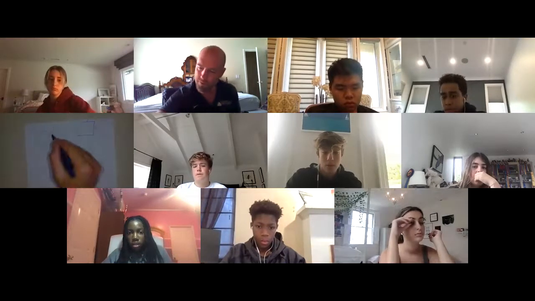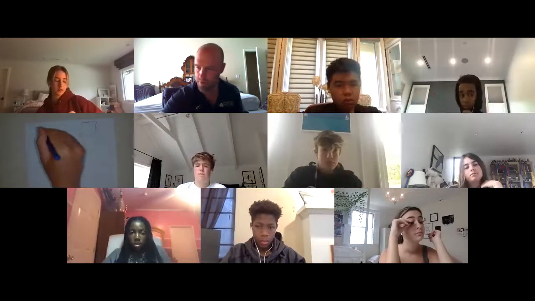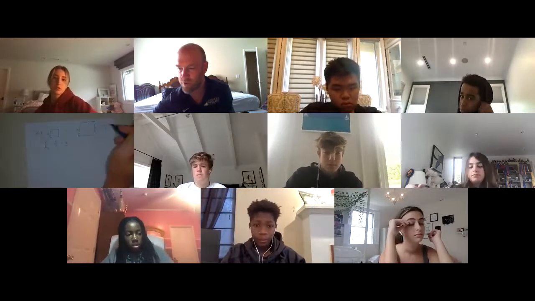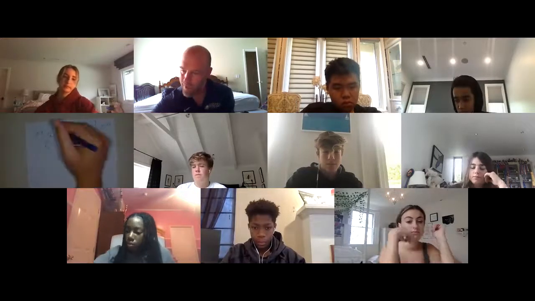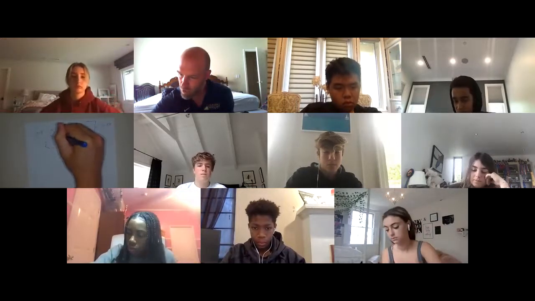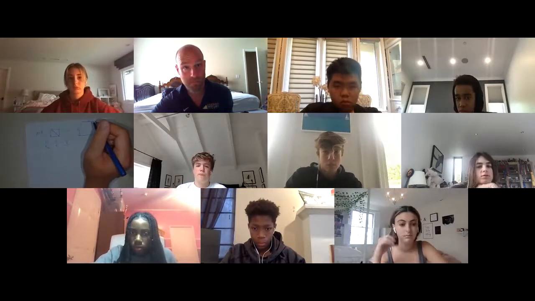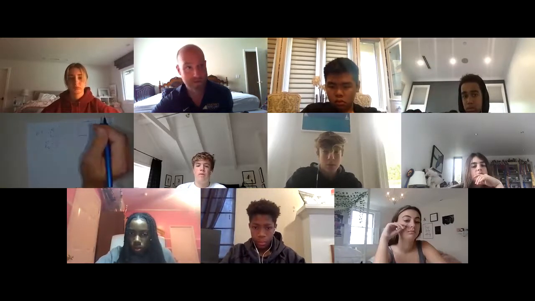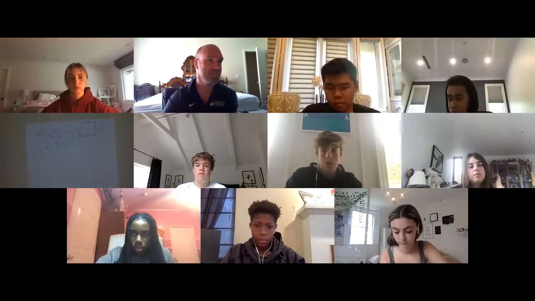What's the perimeter of this square? 8. What's the perimeter of this guy? 24. What's the ratio of 8 to 24? 1 to 3. What is the length of this diagonal? 2 root 2.